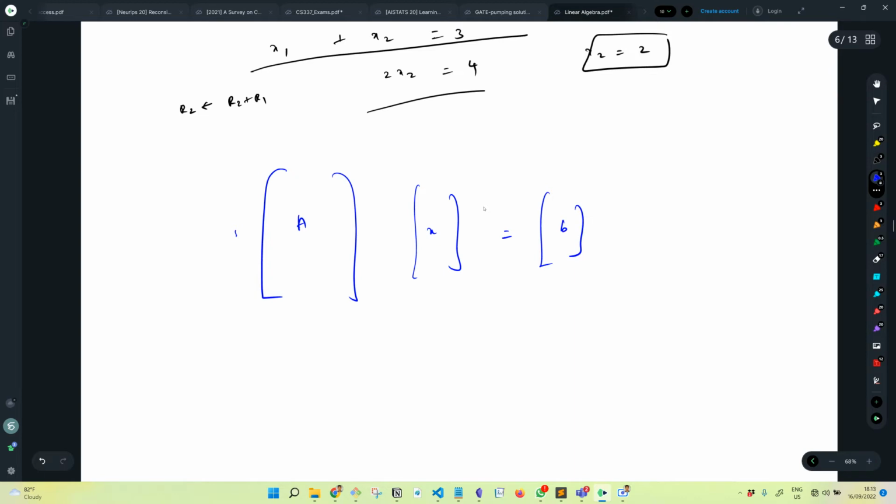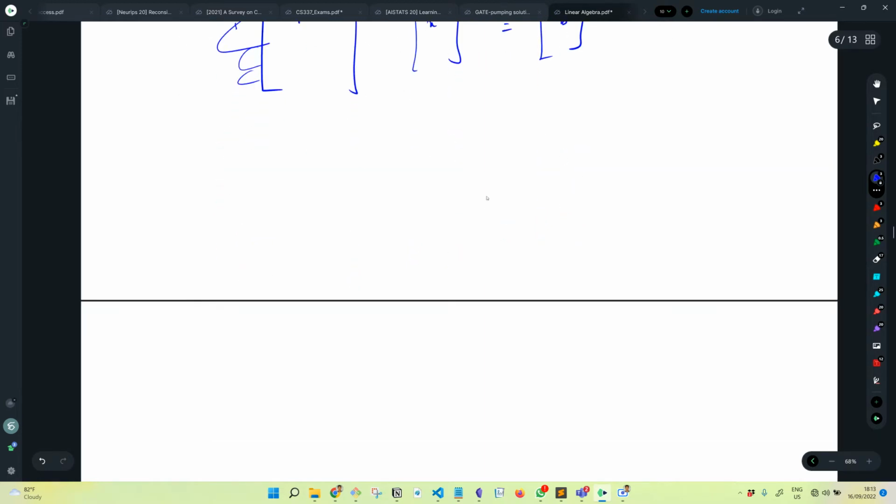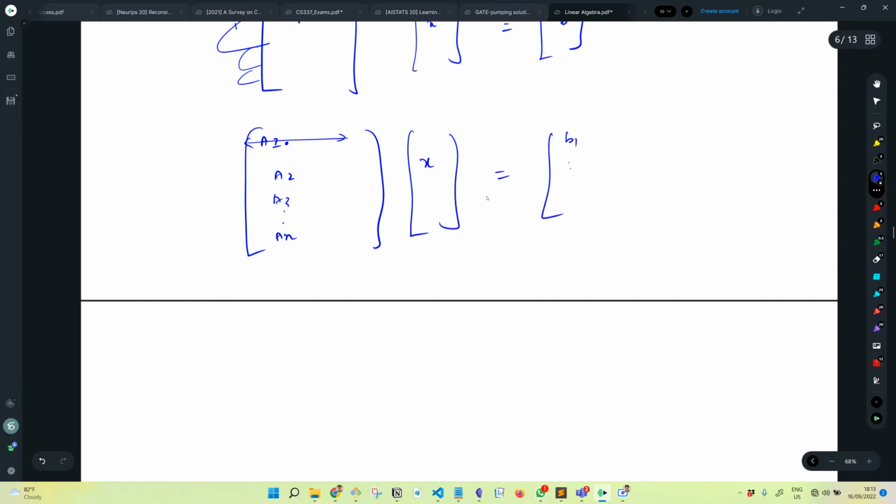Now this operation says that you can permute any rows of the matrix arbitrarily. For instance, let's say the matrix A has rows a1, a2, a3 up till an, where by a1 I mean the first row, and the columns span this way, multiplied by x equals b1 till bn.